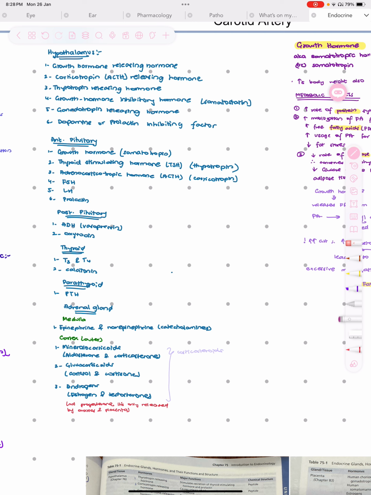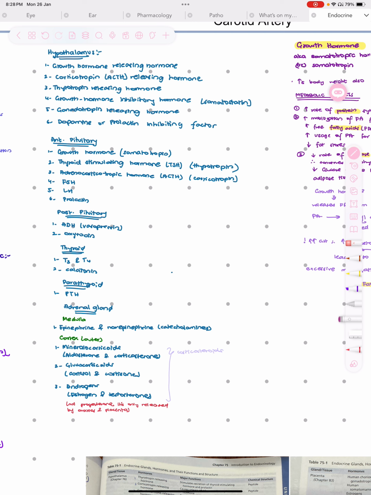It's not that hard. What is corticotropin? Corticotropin is ACTH. Thyrotropin is TSH. So this is corticotropin releasing hormone, and then you have the thyrotropin releasing hormone. Both of them are from the hypothalamus. So with growth hormone releasing hormone and growth hormone inhibitory hormone, we're done with the four.